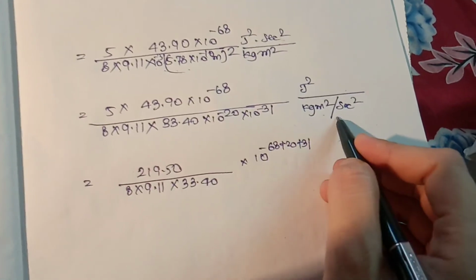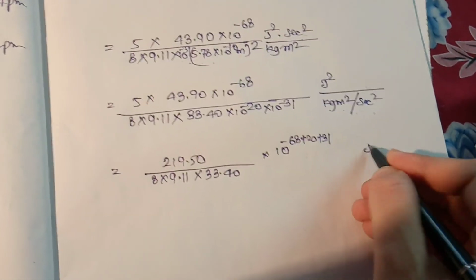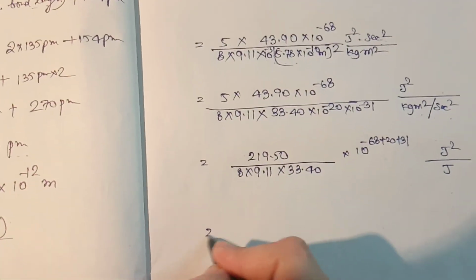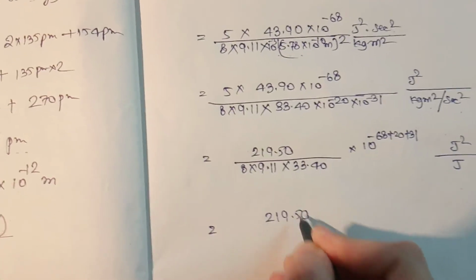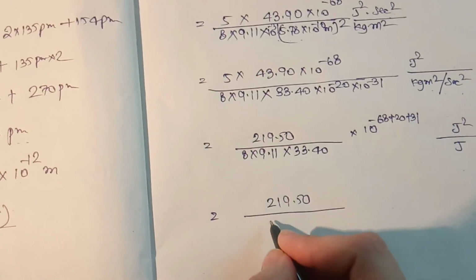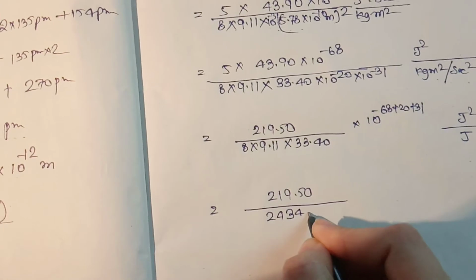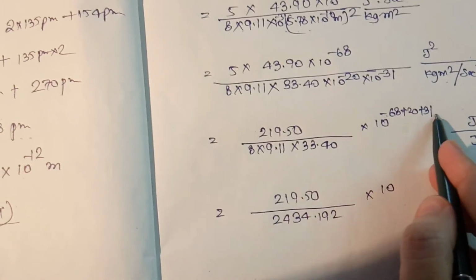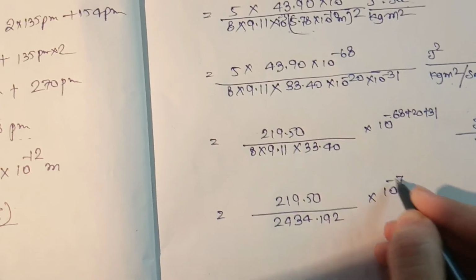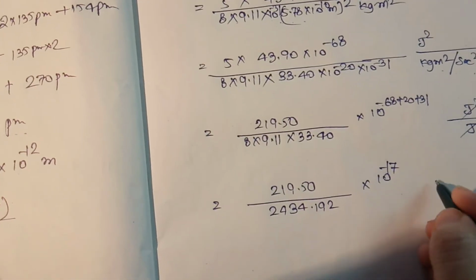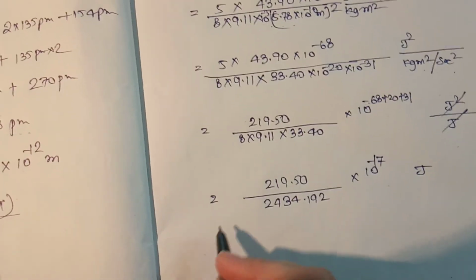As we know, kg meter square per second square is actually joule square divided by joule. So 219.50, after multiplication of these three quantities we will get 2434.192 into 10 to the power, after addition and multiplication, minus 17, and here the joule units will cancel out, so 1 joule will remain.